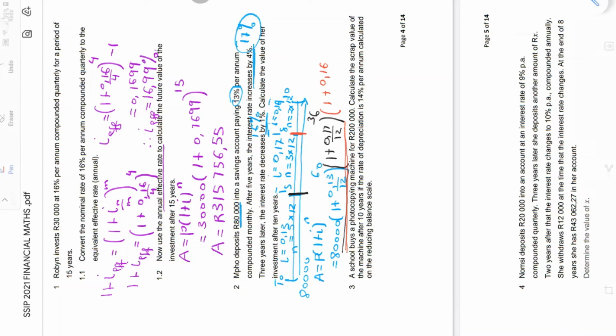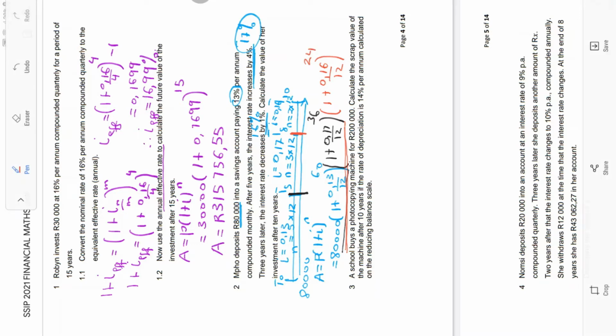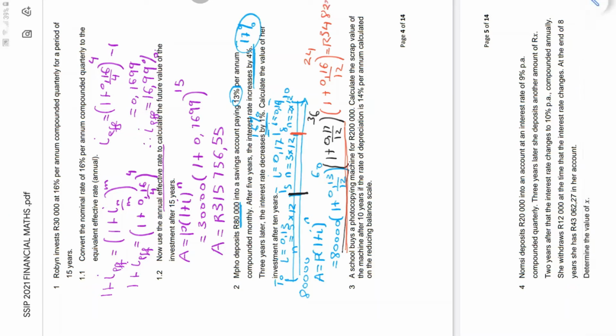Remember, it decreased by 1%, divided by 12 to the power of 24. So you punch that in your calculator, and your calculator will definitely give you a value of 348,222 rands 14 cents. So that's how much the investment would be worth after the 10 years.